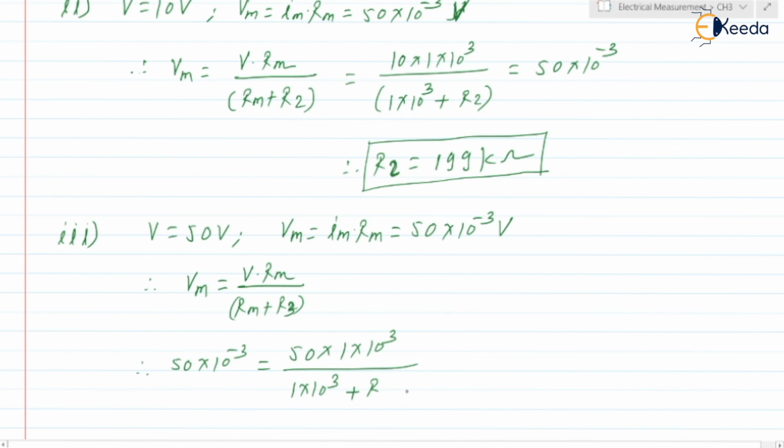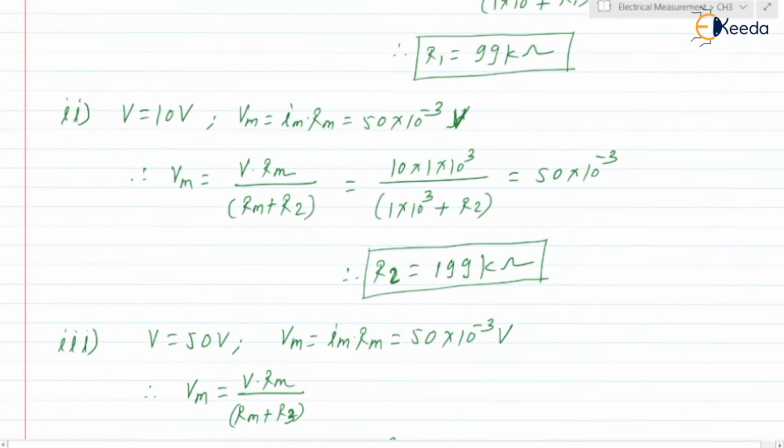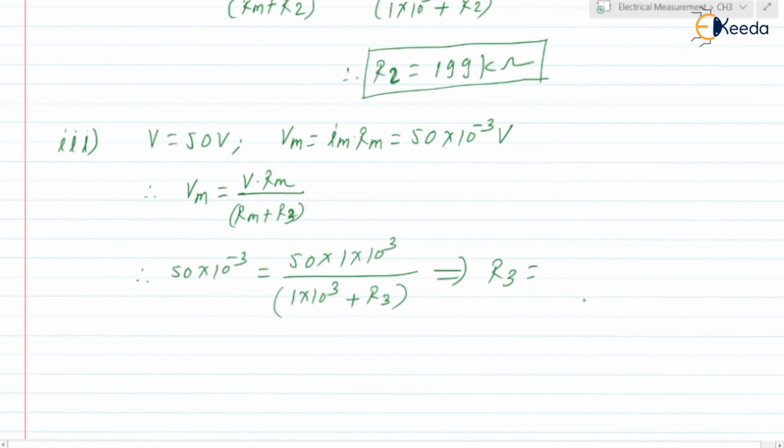Sorry, here it should be R3. So from this, can we find R3 directly? Yes, if we simplify it, we get R3 is equal to 999 kilo ohm.